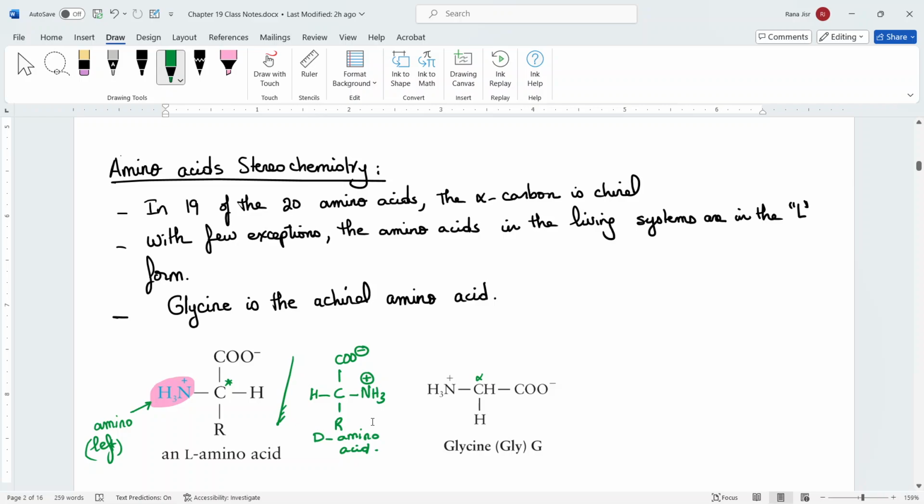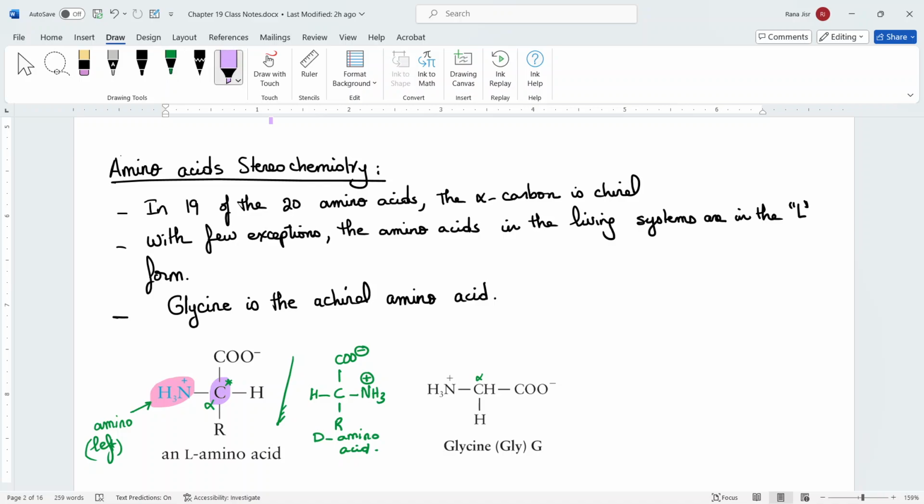Now, almost all amino acids have a chiral center. The only exception is glycine. This is why 19 out of 20 amino acids are chiral, meaning that they have a mirror image. They have a chiral center, and the chiral center, of course, is the alpha carbon. That is going to be my alpha carbon in there.